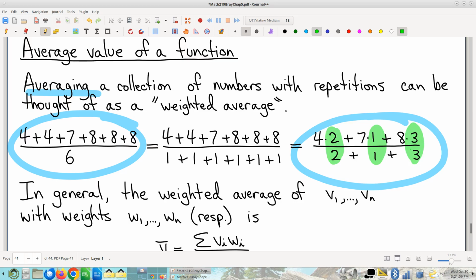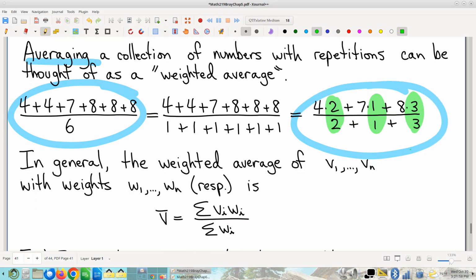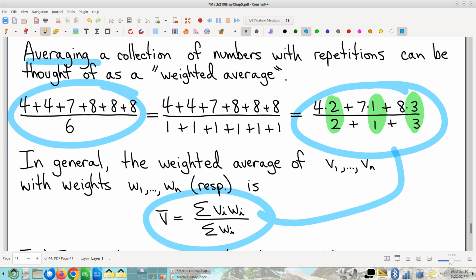So you can generalize this by way of this formula right here, with the idea being that whatever you're going to double count, we're going to call that a weight of 2, because it's like it's there twice. It weighs twice as much because it's literally there twice. And so the 8 has a weight of 3.